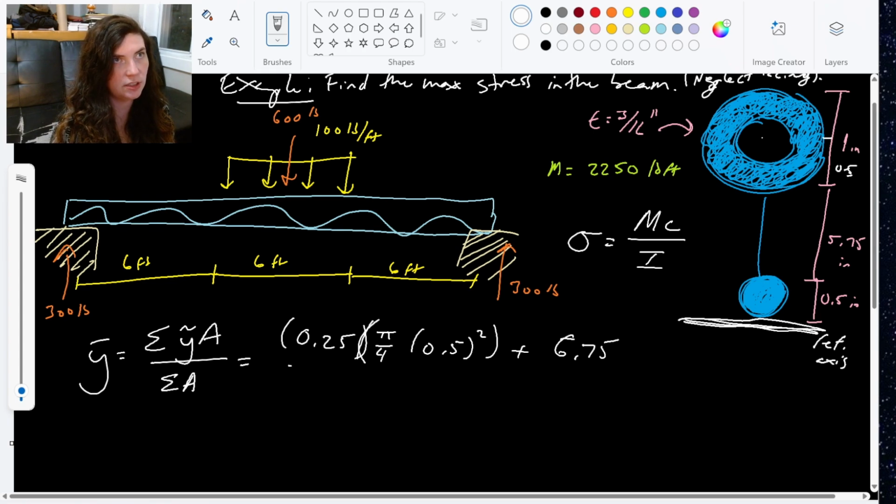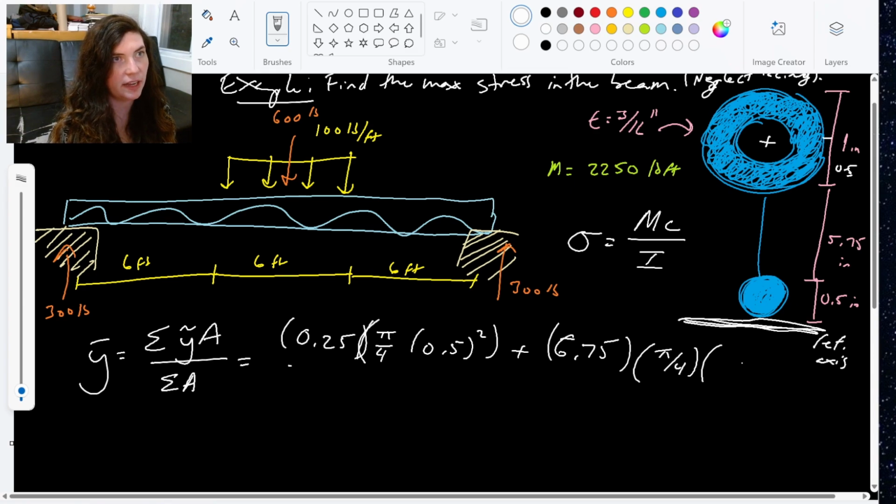That's the location of this centroid here. 6.75 times pi over 4 times, I have to subtract the diameters, right? So d outer squared minus d inner squared for that tube.